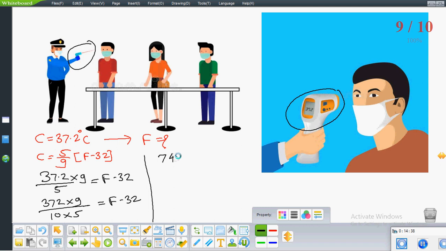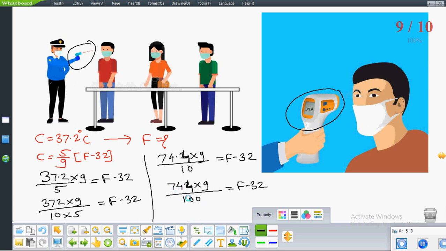So the 5 fours are 20, multiplied by 9 divided by 10 equals F minus 32. So here again 74.4, so 744 multiplied by 9 divided by 100 equals F minus 32, right?